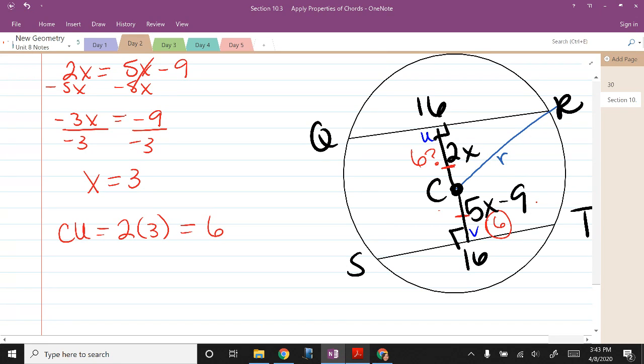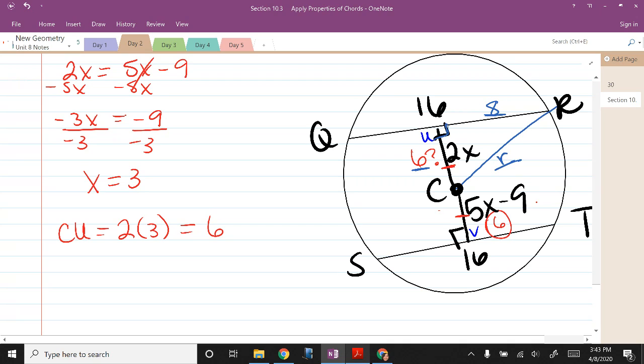Well, that looks like a hypotenuse of a right triangle because it's perpendicular up here at the 16. Well, a segment perpendicular to a chord is going to bisect it because it's going through the center. So that means that length is 8. So 6 is a leg, 8 is a leg, and r is the hypotenuse.